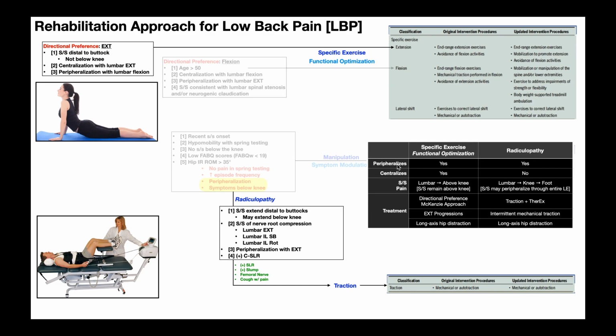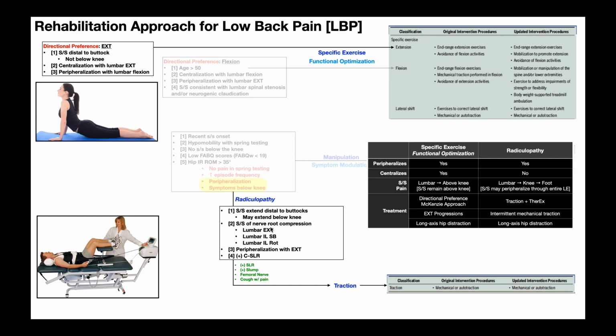Now, the first question here is, do the symptoms peripheralize? And in both groups, they do. If we look at the directional preference for extension, we said they peripheralize with lumbar flexion. In a classic radiculopathy, the peripheralization tends to occur whenever you do movements that narrow the intervertebral foramina, and that potentially causes nerve root compression.